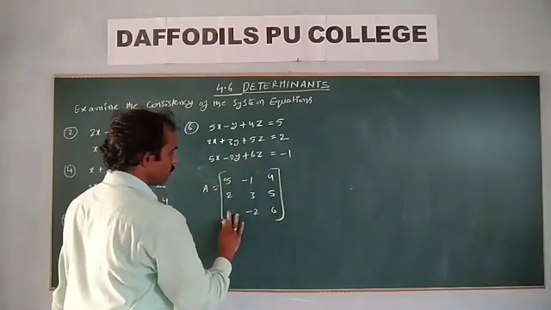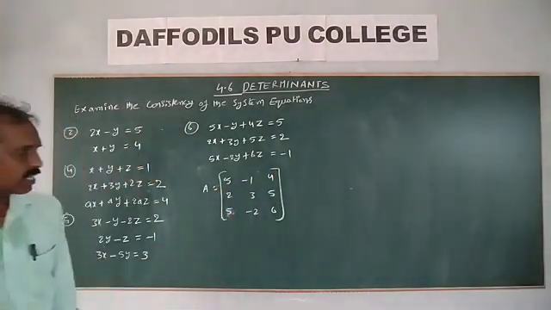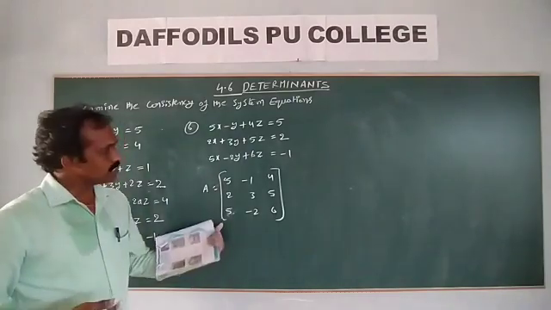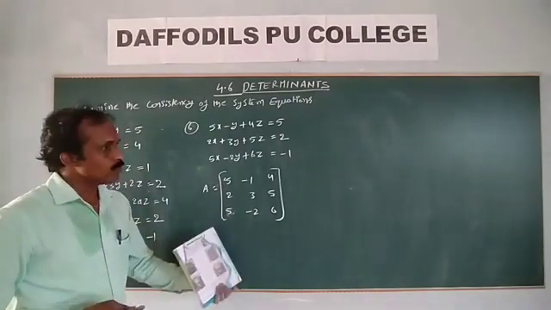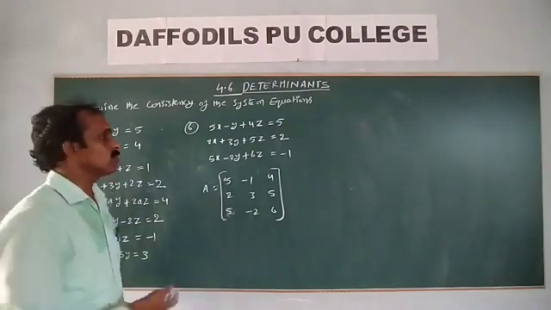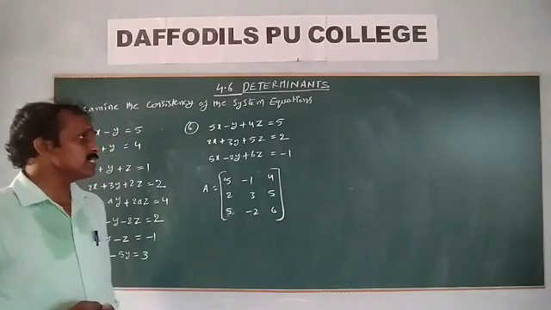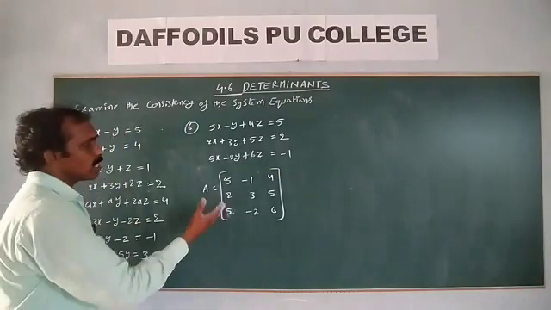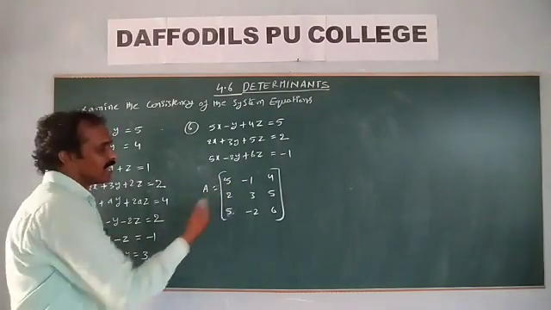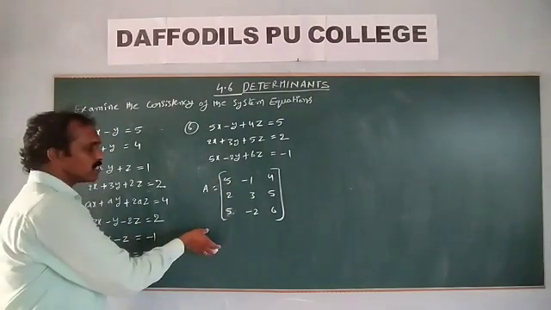Find det A. Not equal to 0 means consistent, equal to 0 means inconsistent, and further check adjoint A into B. If that value is equal to 0 it is consistent, and not equal to 0 means inconsistent. Adjoint A is the transpose of the cofactors.